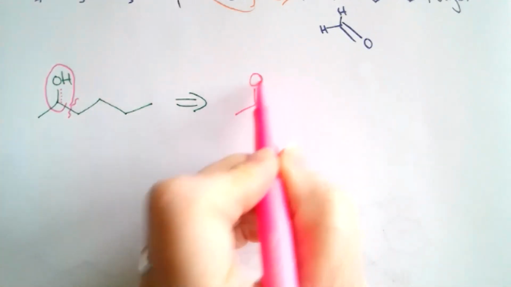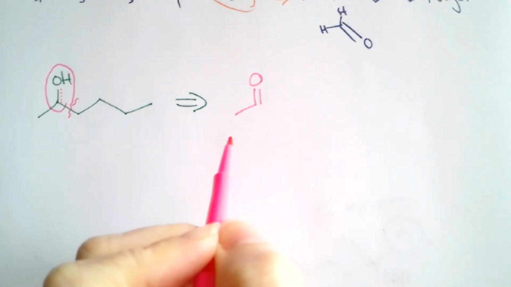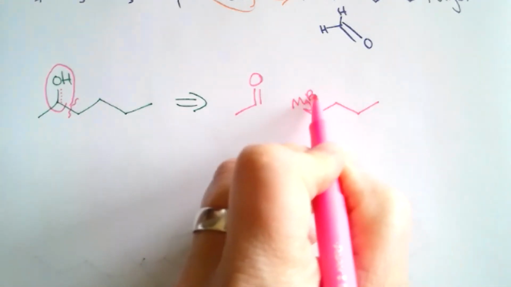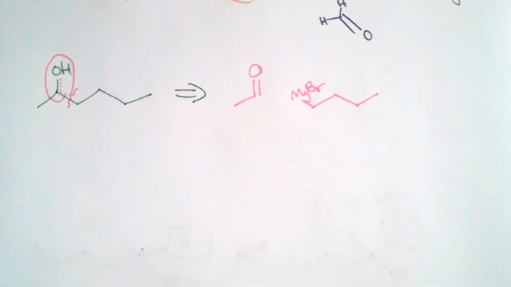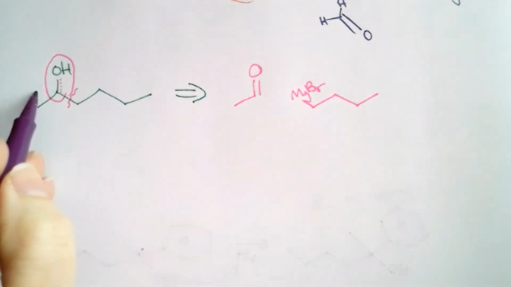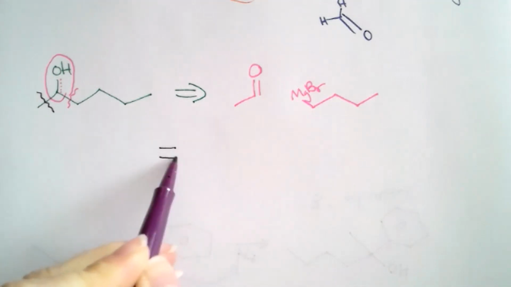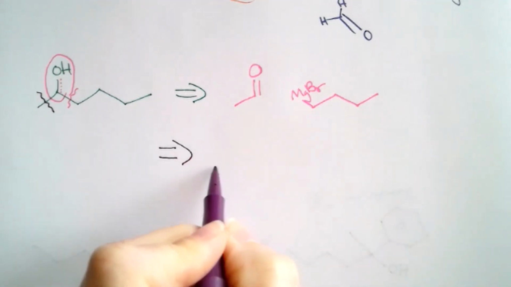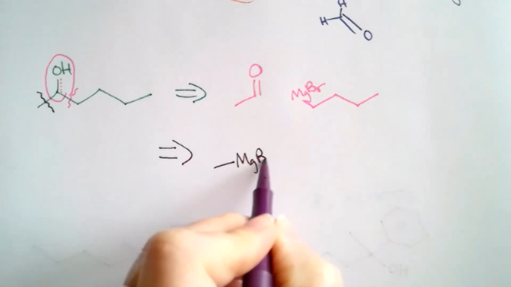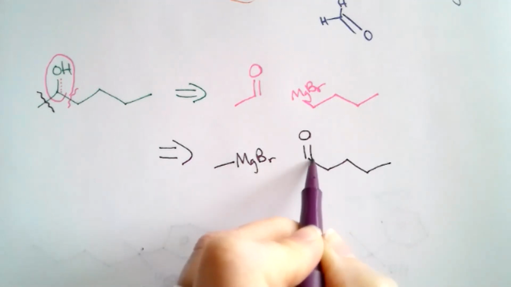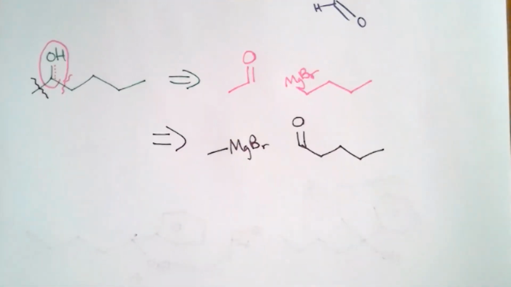So I could imagine a 2-carbon aldehyde being attacked by a 4-carbon Grignard. That's one way. I could also imagine this is the bond that was made. So I could say a 1-carbon Grignard attacked a 5-carbon aldehyde.